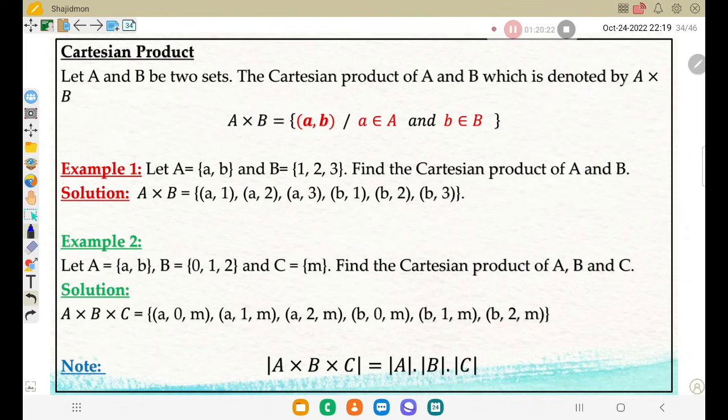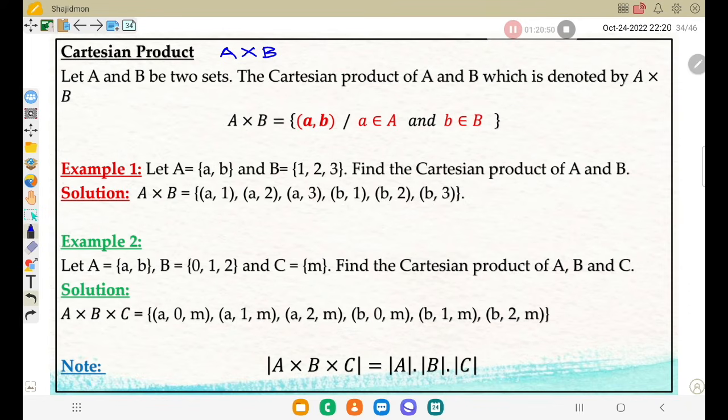Cartesian product of two sets and Cartesian product of three sets. For example, A and B are two sets. The Cartesian product of two sets A and B is denoted by A cross B. This is the Cartesian product symbol.